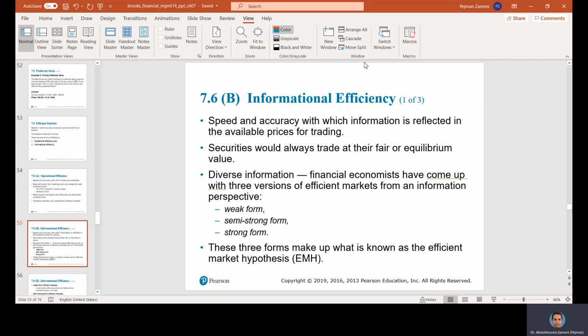Speed and accuracy with which information is reflected in the available prices for trading. Under the informational efficiency, we assume that if there is any news, no matter it's positive or negative, immediately it would be reflected in the price of a share. If there is a positive news, then the price of a share is going to go up.